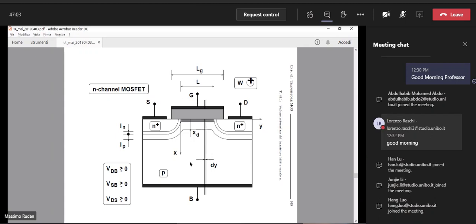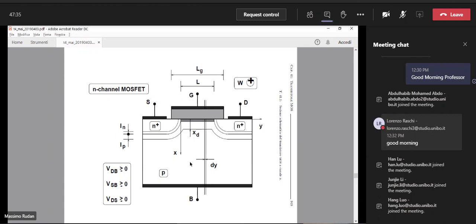So in principle, there is no structural possibility to distinguish between source and drain because they are symmetric. The only way to distinguish between them is the applied voltage. So in the normal functioning of the device, the drain voltage with respect to the bulk is different from the source voltage with respect to the bulk.